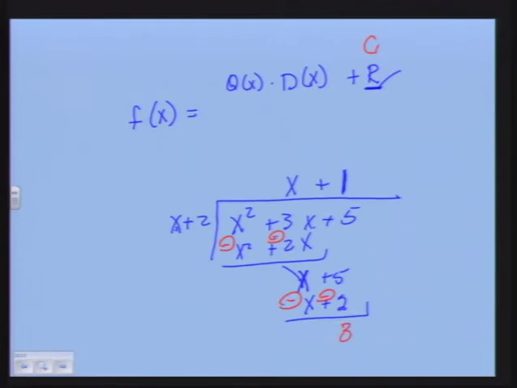So when I'm dividing by a linear factor or divisor, I know it won't divide anymore only when I get to a constant, because it's still dividing when I have just an x here. So I know the remainder's a constant when my divisor is linear. Okay? Let's say the divisor is something like x minus k.